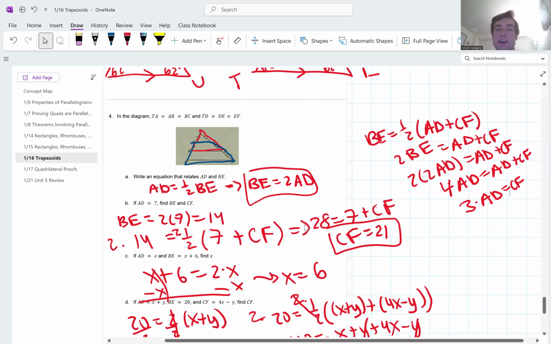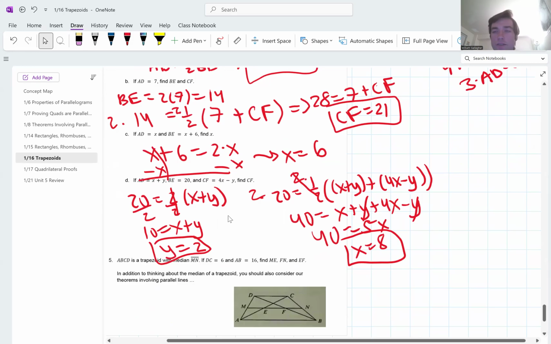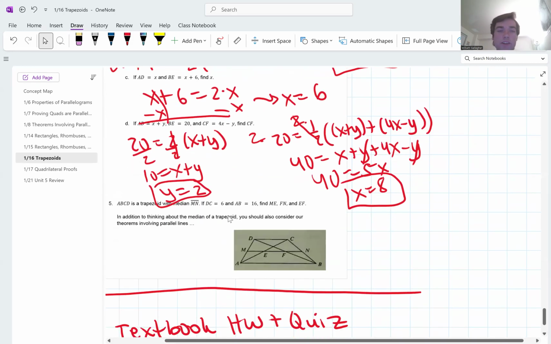So it turns out that the larger base of the trapezoid is going to be triple the smaller base of the trapezoid when there's a median, which again I think is kind of cool. So again, that might help you on the last homework question tonight. You don't have to memorize that fact, but if you want to use it, great.